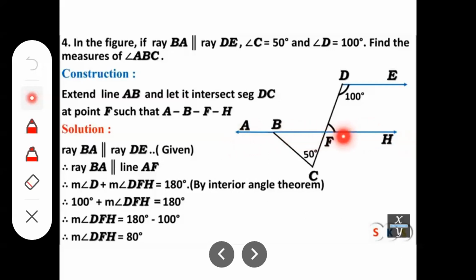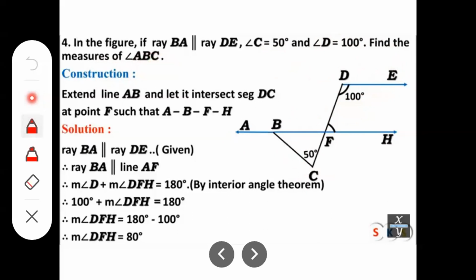This line is parallel to this ray DE. The measure of angle C is given as 50 degrees. Angle D is given as 100 degrees. So find the measure of angle ABC.